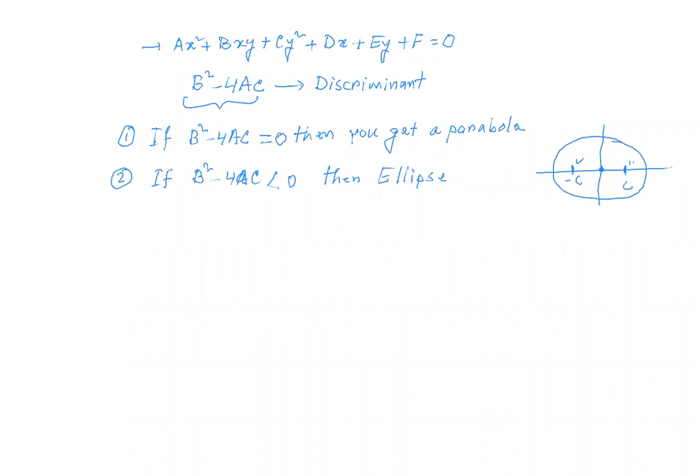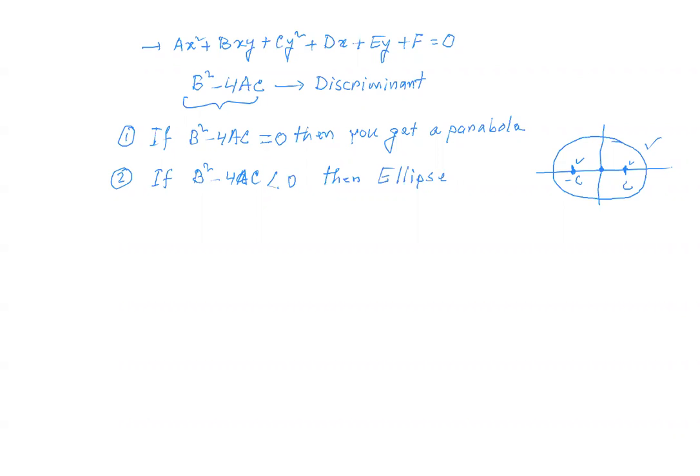I was very amazed by this fact. You take a piece of thread, and connect it here and here, and take a pencil and pull the thread as much as you can, and try to draw a shape, keeping the piece of thread in a straight line. As you move, you get the ellipse.